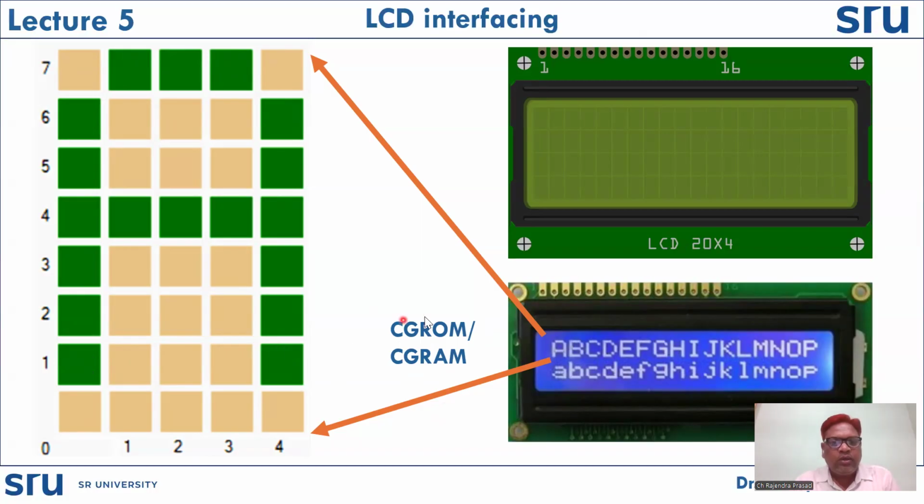For this, within the CG ROM, this pattern is already saved. That means if you want to generate this pattern, the user has to send the ASCII code of character A to the LCD. Once you send this ASCII code to the LCD, it goes to the ROM and generates the pattern. Similarly for B, C, and so on. In this way, a character is displayed on LCDs.